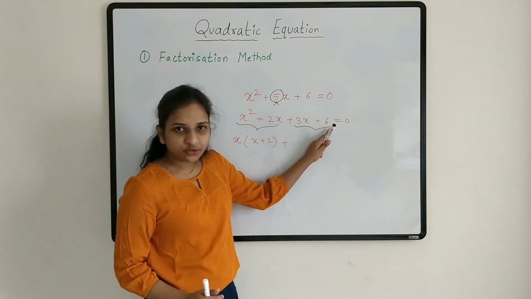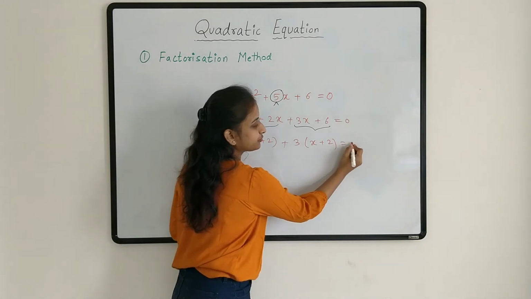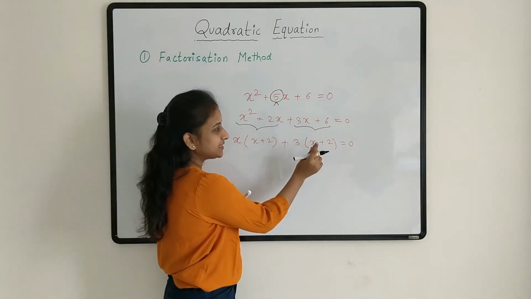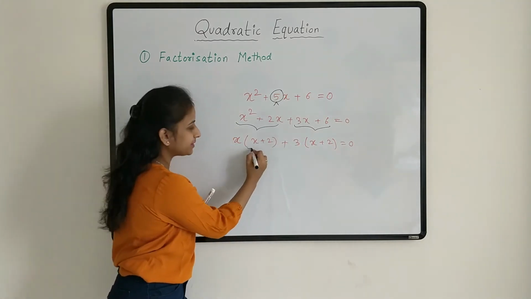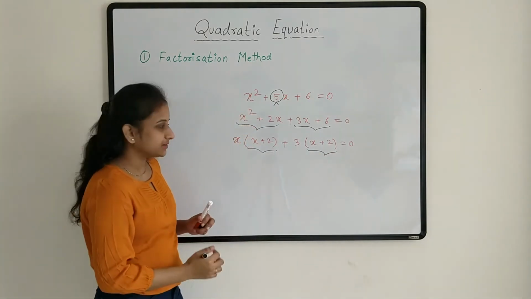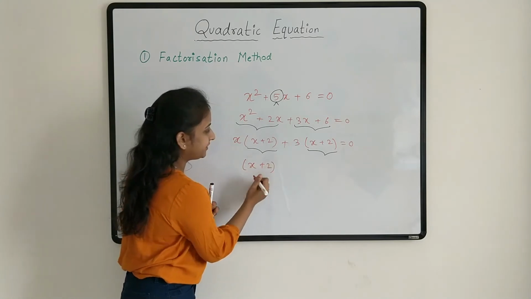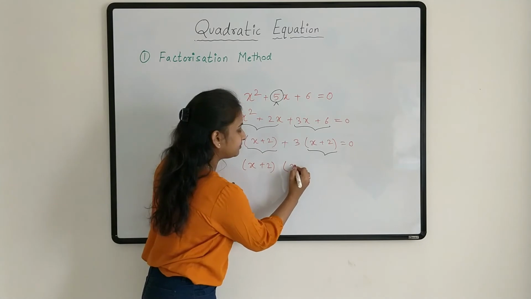Again from these 2 terms the common factor is 3, we are left with x + 2. We should take the common factor such that again we get x + 2, the same as this one, so that we can take one more common factor from these 2 terms. Then (x + 2), if we take it common from these 2 terms, we are left with x + 3.